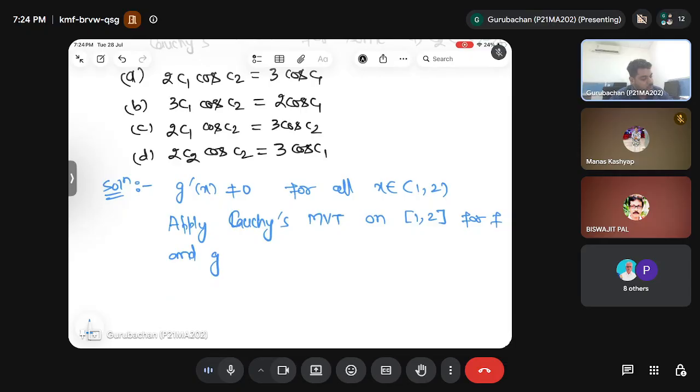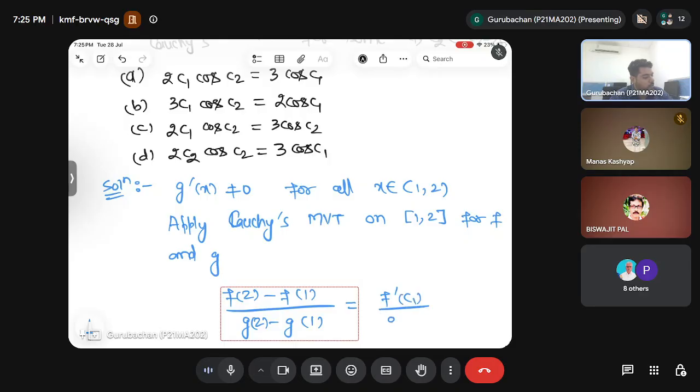This will give us f of 2 minus f of 1 divided by g of 2 minus g of 1 is equal to f dash of c1 divided by g dash of c1, where c1 belongs to open interval (1, 2).